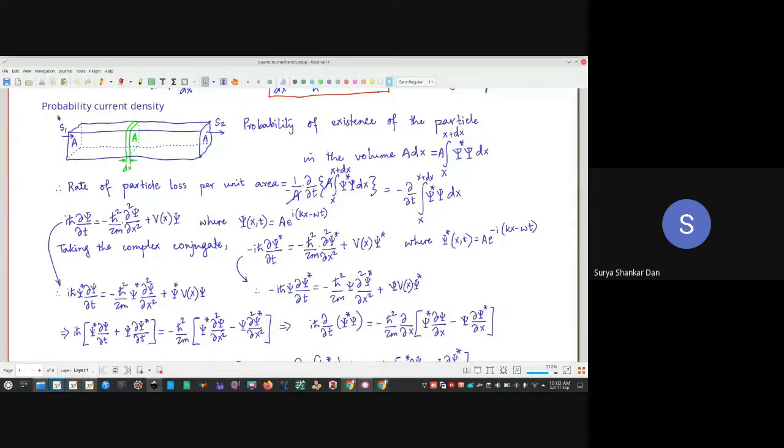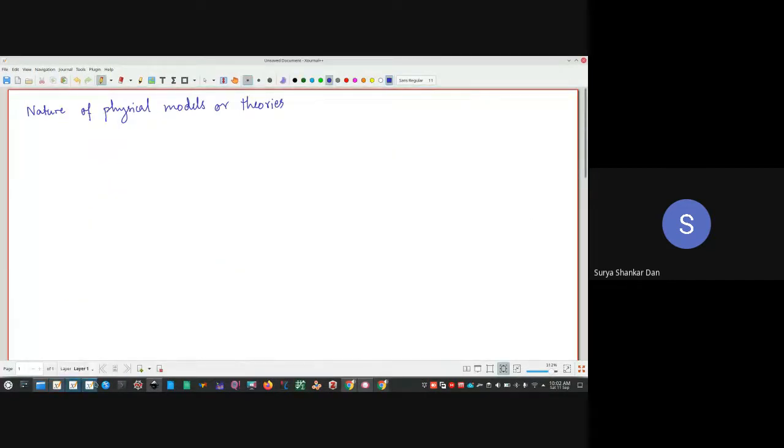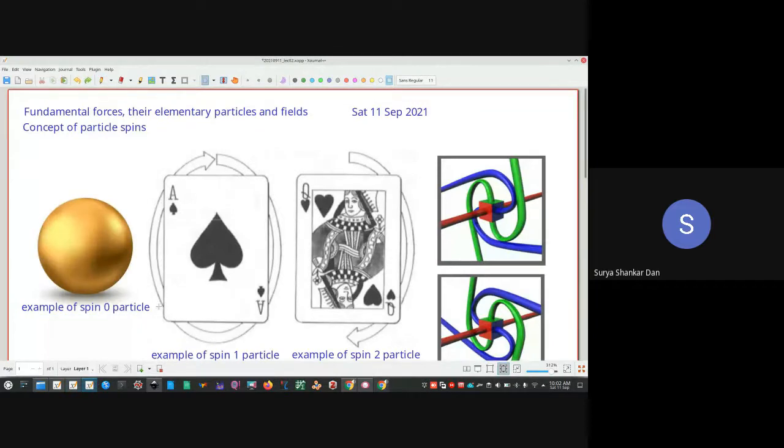For that we will need to understand the probability current density, which we will do if time permits. Before that, our topic for today is the fundamental forces in nature and the elementary particles involved in those forces, as well as the fields concerning them.